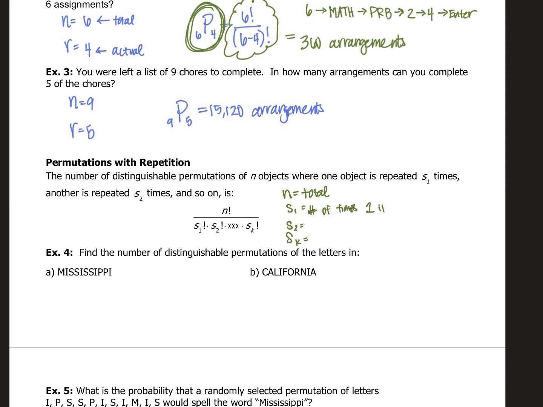Then S2 would be the number of times a second item would repeat. Then SK represents as many items as possible repeating.